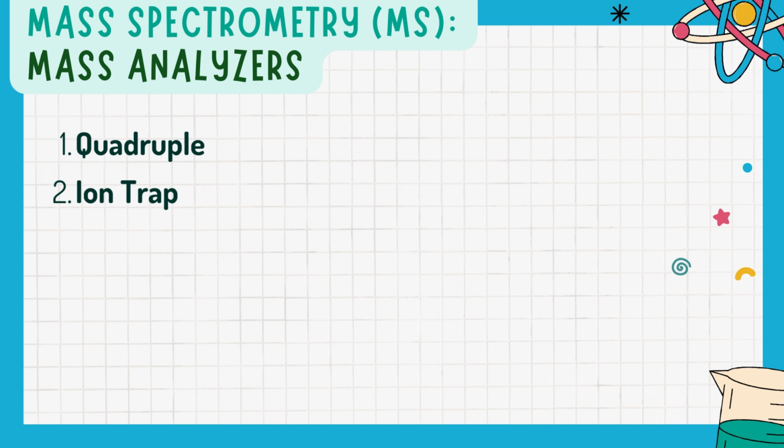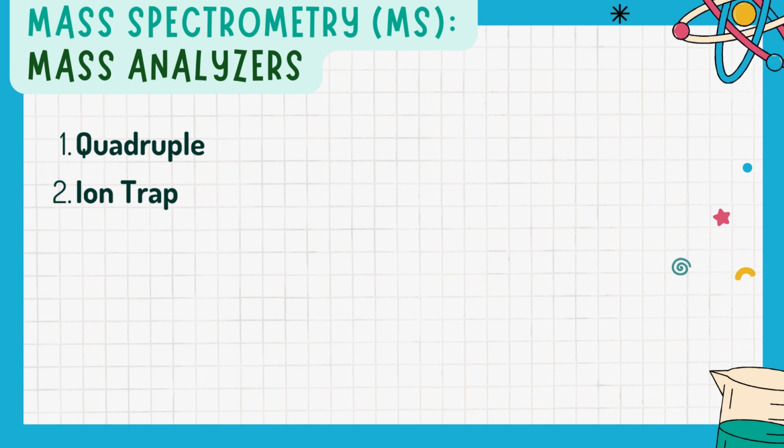And the ion trap mass analyzer is a device that uses electric or magnetic fields to trap ions in a confined space. So trapping ions in a confined space, that's our ion trap mass analyzer.